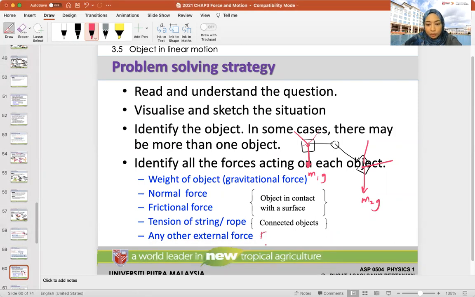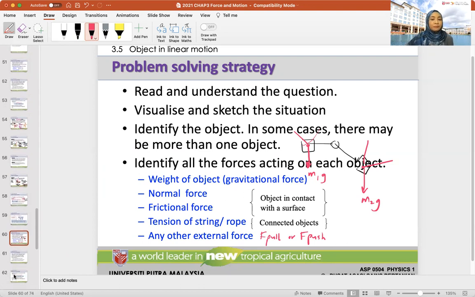Benda yang biasa kita tengok sini lah, F pull and F push. We are ignoring air resistance always because it's complicated, physics memang dia suka ignore air resistance.